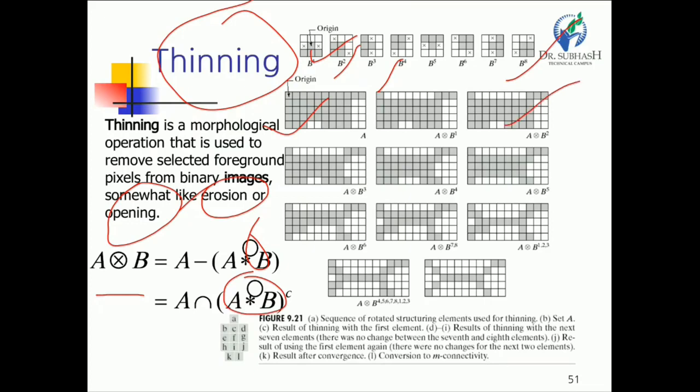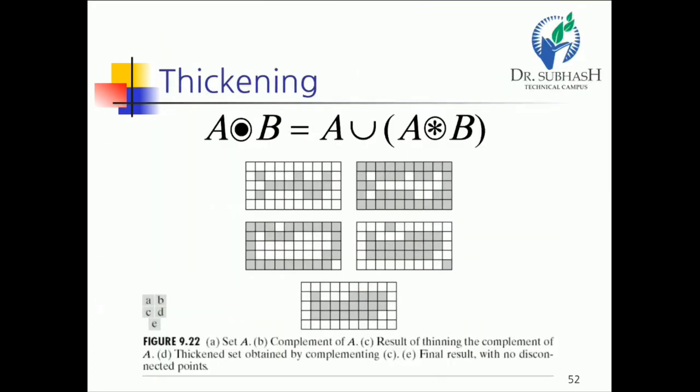In a similar way, figure J is the result of using the first elements. Again there is no change for the next two elements, and the last one is the result K, the result of convergence and the conversion to M connectivity, which can be represented in result I.